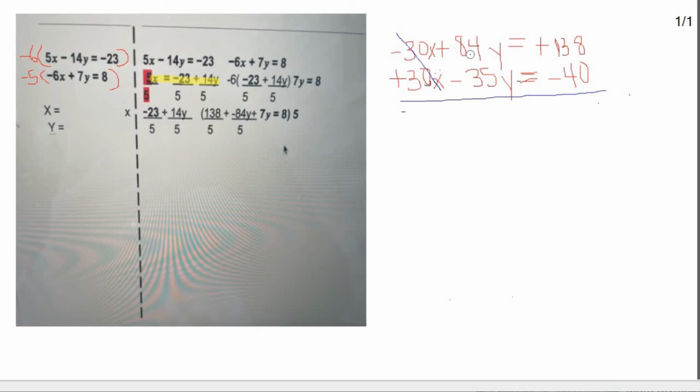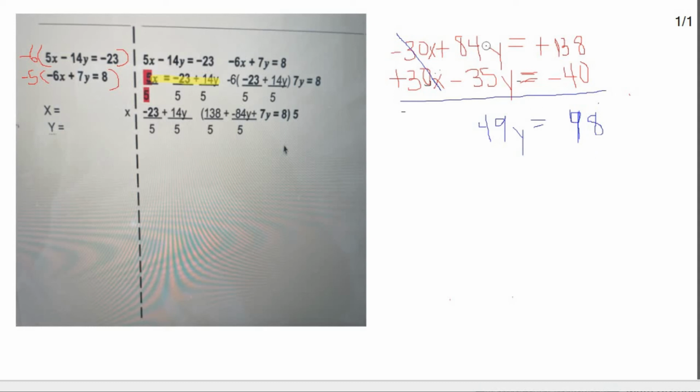So now I have 84 minus 35. That would give me 49y, and then we have equals 138 minus 40, and that would be 98.